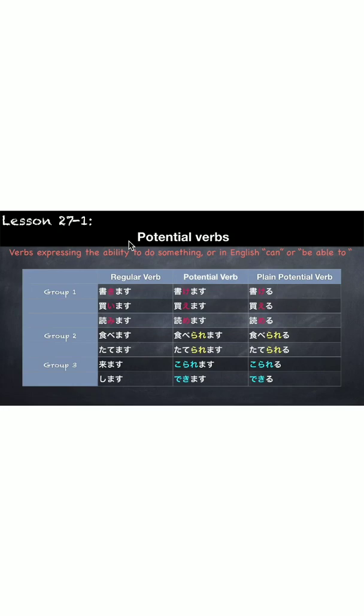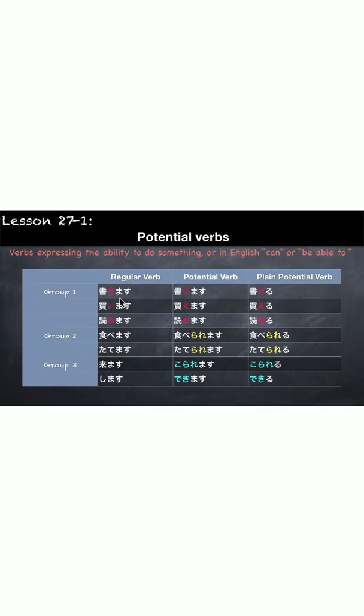In this lesson, we will learn about potential verbs, or verbs expressing the ability to do something, or in English, can or be able to. To change a regular verb to potential verb, for group 1 verbs, just change the I syllable into E syllable.